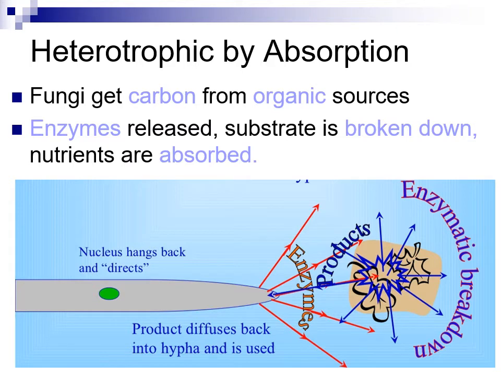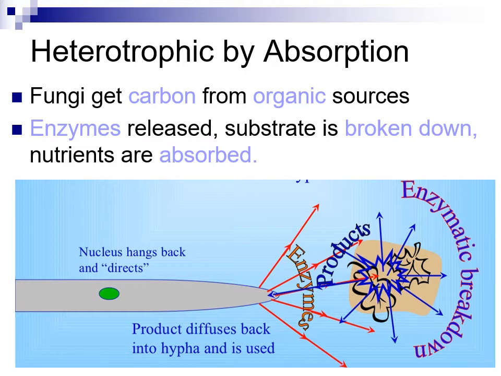Okay, so this is kind of review because we've talked about it, but it gives you a figure of how to see this in your head. So fungi get carbon. So carbon is an organic source of energy. Okay, and so organic sources could be rotting leaves, it could be rotting trees, it could be dead bacteria in the soil, it could be any number of different organisms that have died.